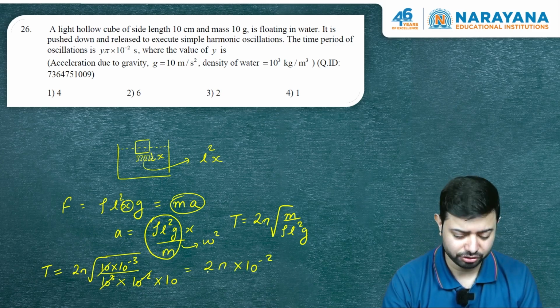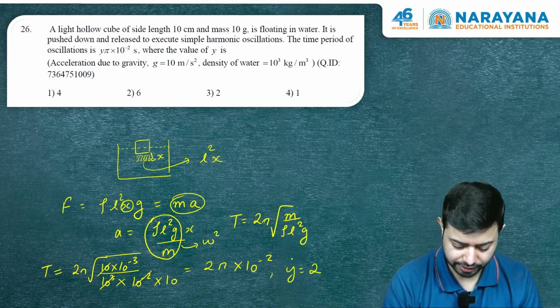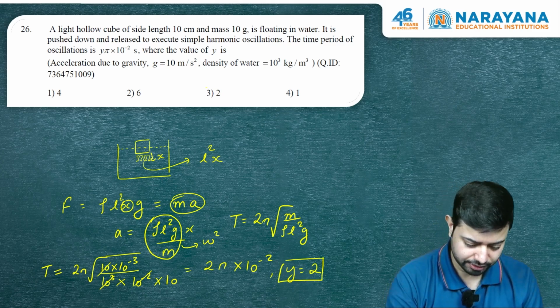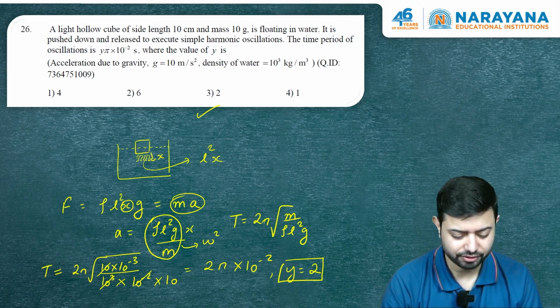If I compare this with the solution given in the question, what is my y value? It is going to be 2. So that is option number 3. That is about question number 26.